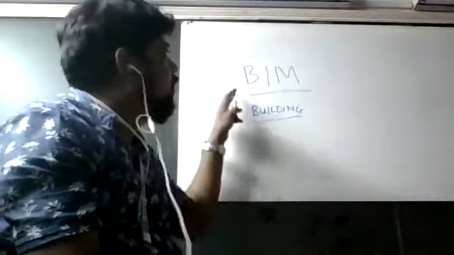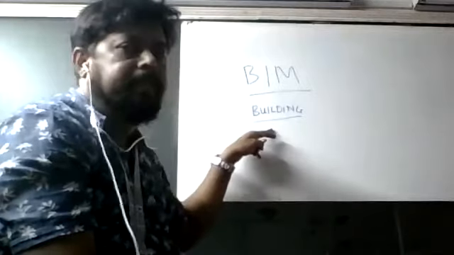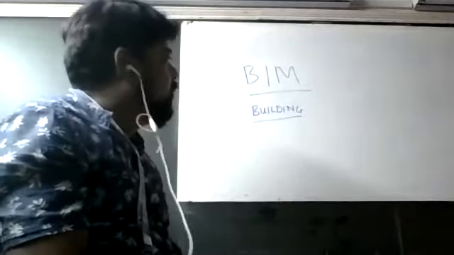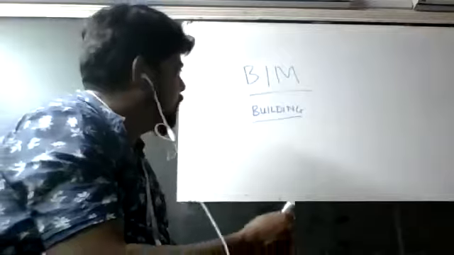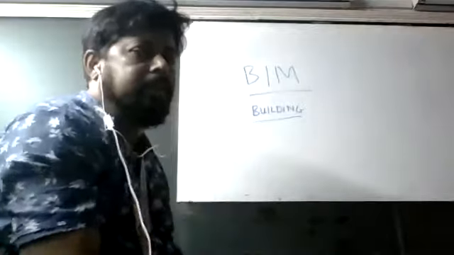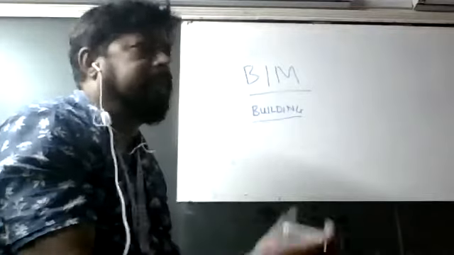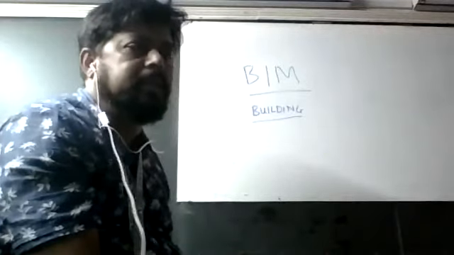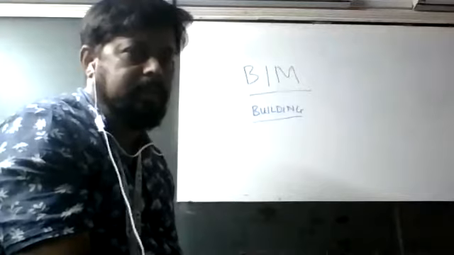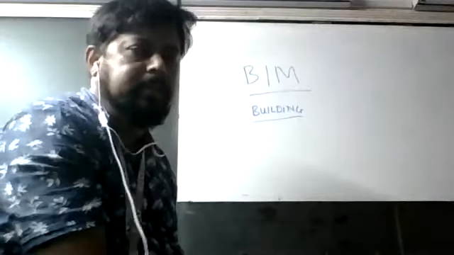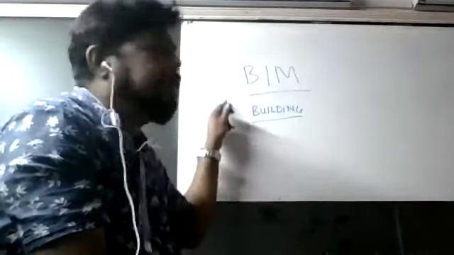So B stands for that building. All kinds of buildings are available in steel structures: shed type buildings, commercial, residential. Different kinds of buildings are there, so all those buildings are covered in this.